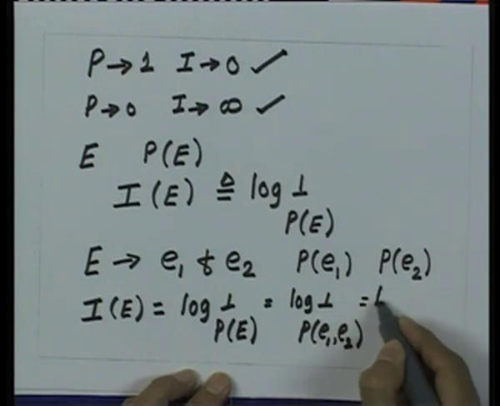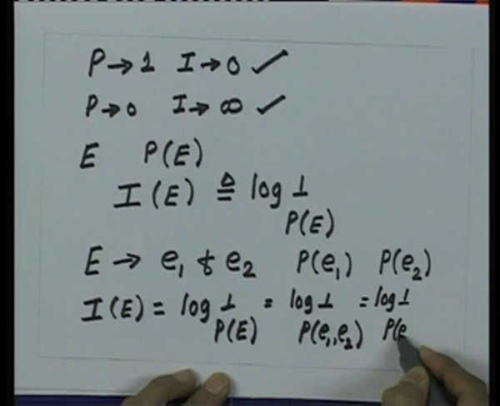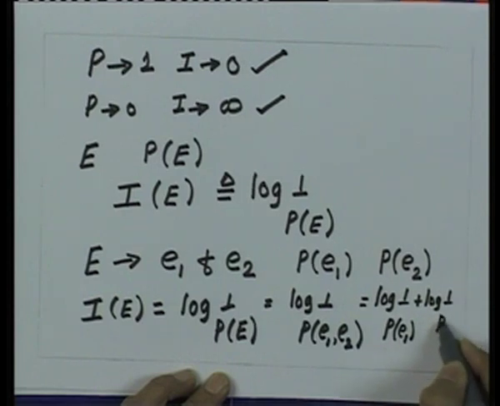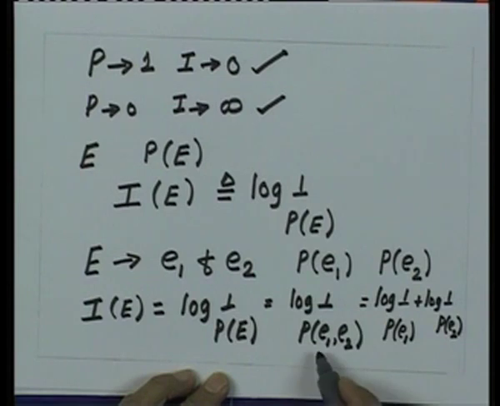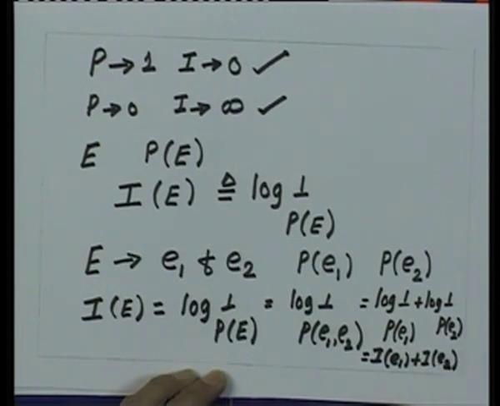This I can simplify as log of 1 by probability of E1 plus log of 1 by P of E2, based on the assumption that E1 and E2 are independent events. So, what I get is the information from E1 plus information from E2.